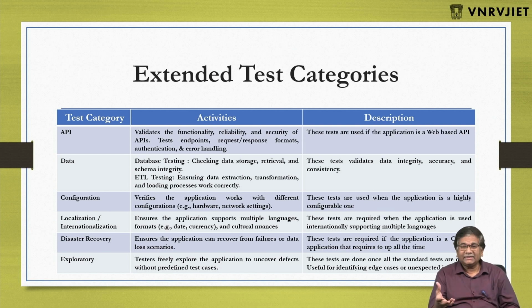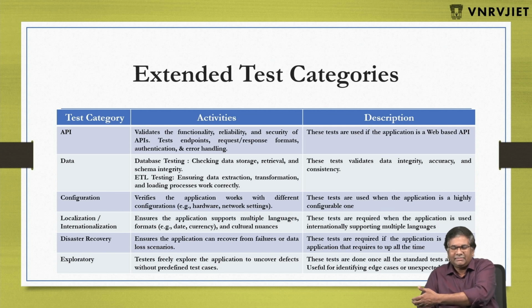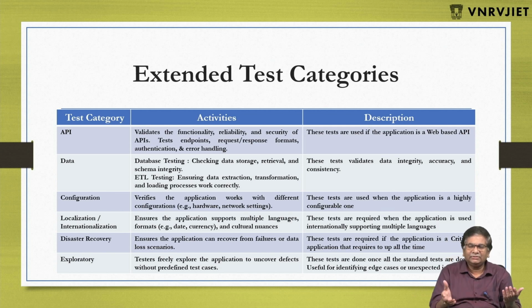Localization: let's say the application is used across the world, not just one country. That means in India it should appear in Hindi or Devanagari, in the US in English, and in China in Mandarin. The language-specific aspects are tested in localization or internationalization testing.